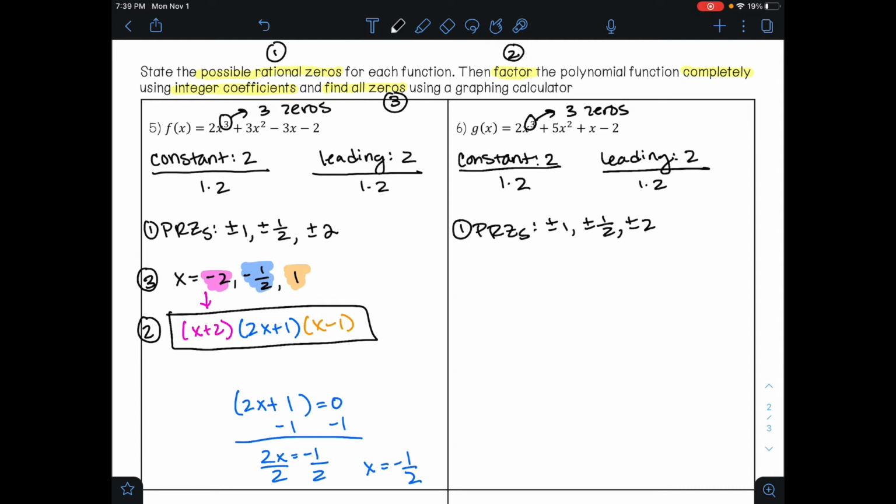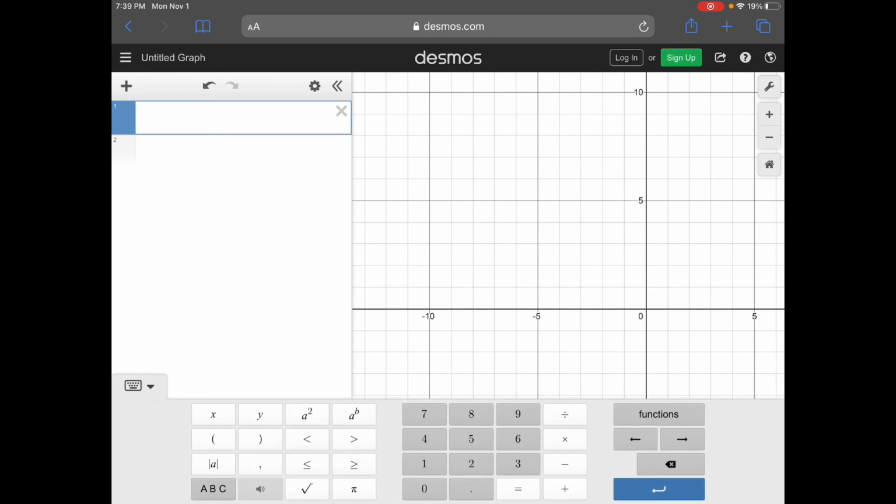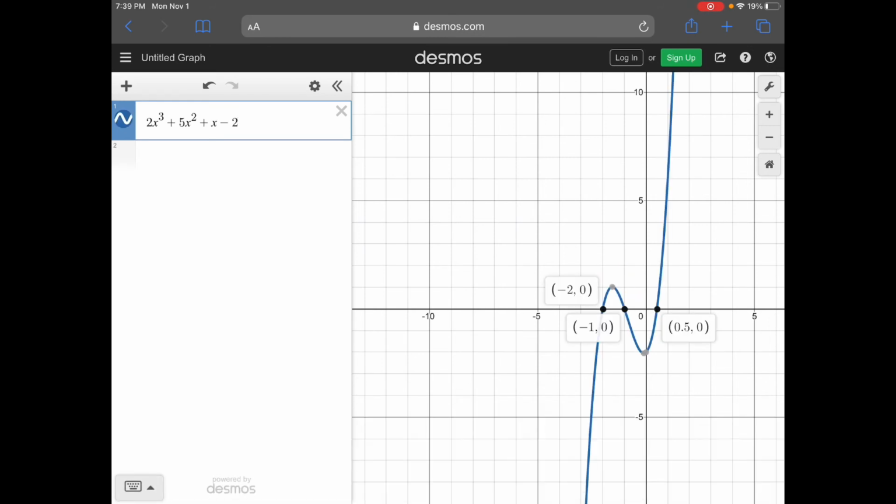Let's plug this into Desmos and see what we can find. So I have 2x cubed plus 5x squared plus x minus 2. And here I can see 3 zeros. Those 3 zeros are -2, -1, and 0.5.